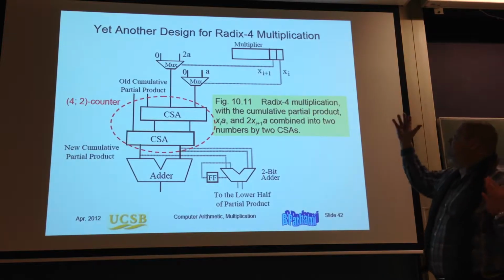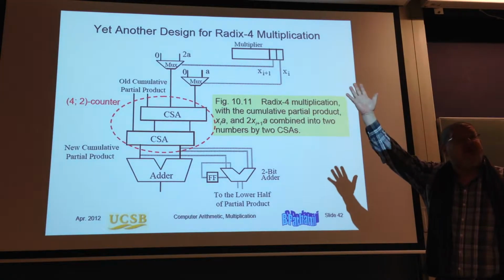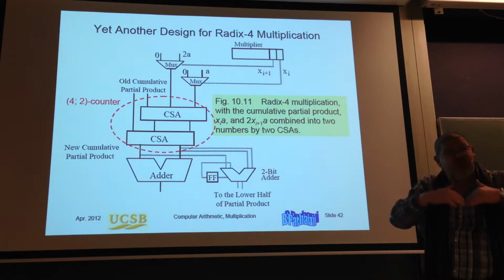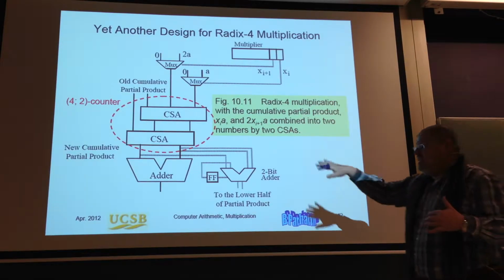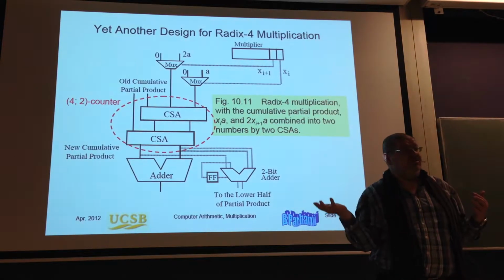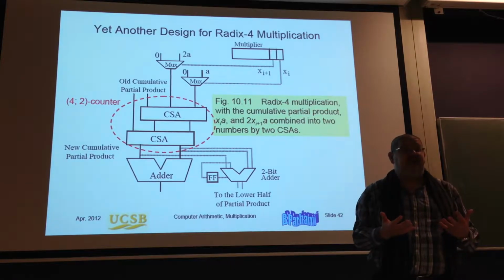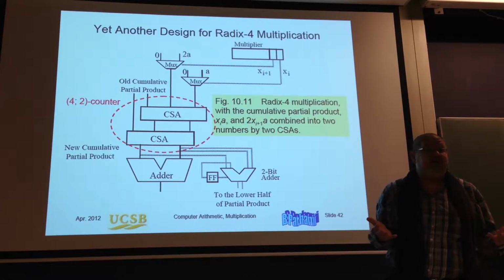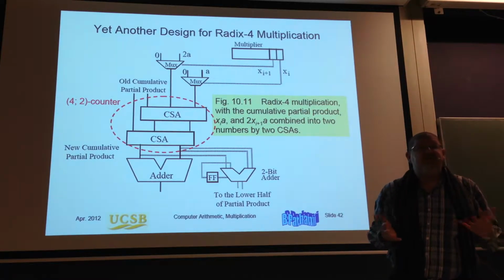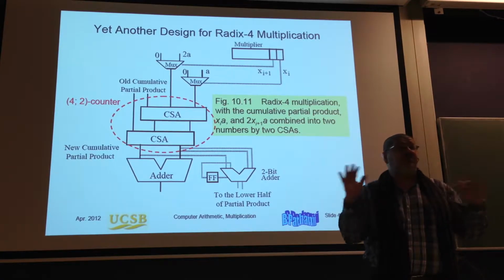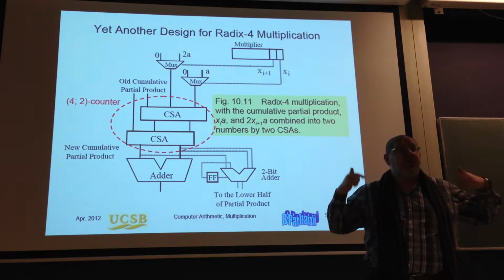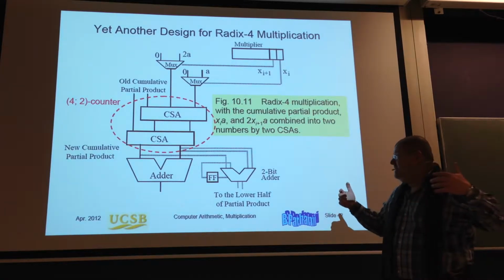Because if I inspect more bits, I will have more muxes, and then I have to combine them eventually down. And then there are the two numbers coming from the previous iteration, and this determines the cycle time. In all iterations but the last one, I do not propagate carries. I just do accumulations based on full adders.